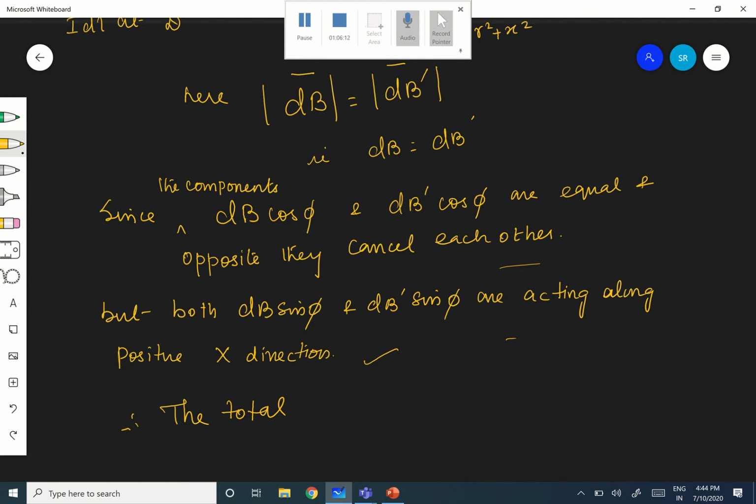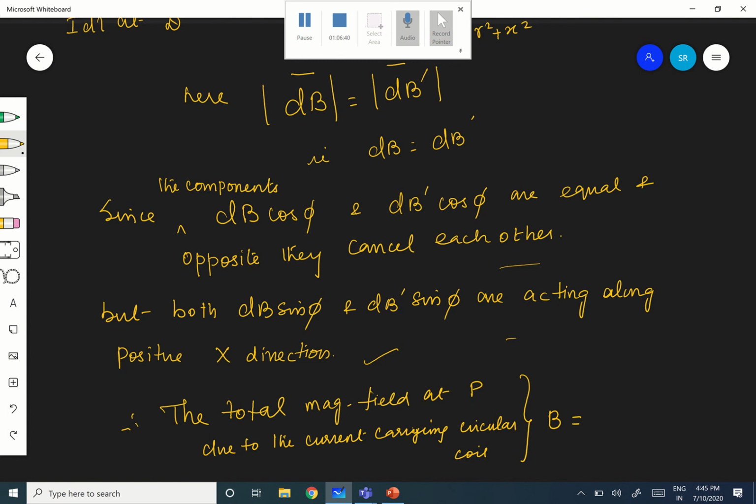Therefore, the total magnetic field at P due to the current carrying circular coil is nothing but the integral of dB sin phi.